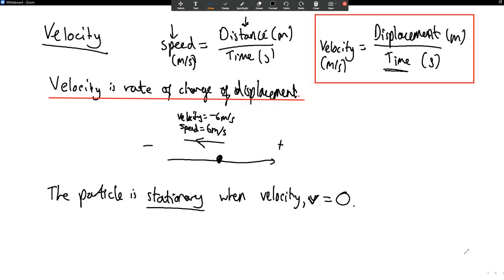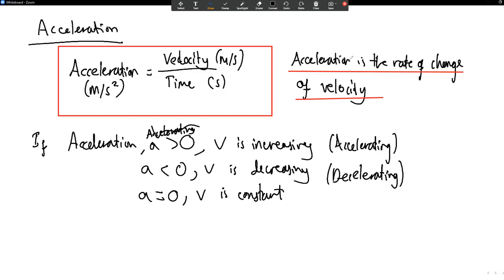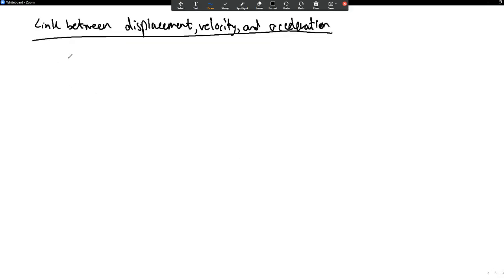If we move over here, we know that the velocity is the rate of change of displacement, and we also know that acceleration is the rate of change of velocity. So we can use these definitions. If you remember back when we were learning about differentiation, we can link these together if you remember what the rate of change of means.